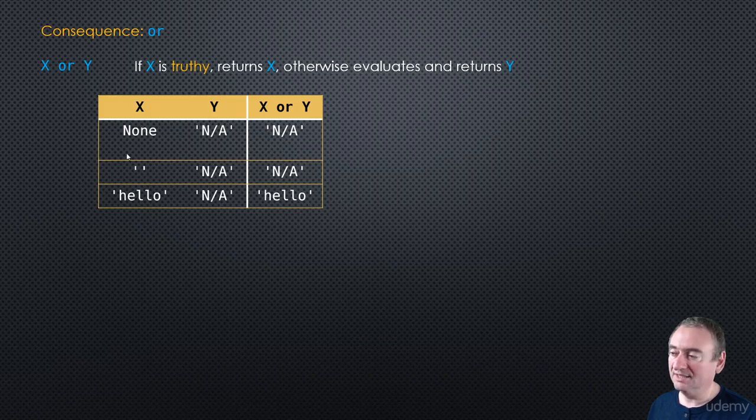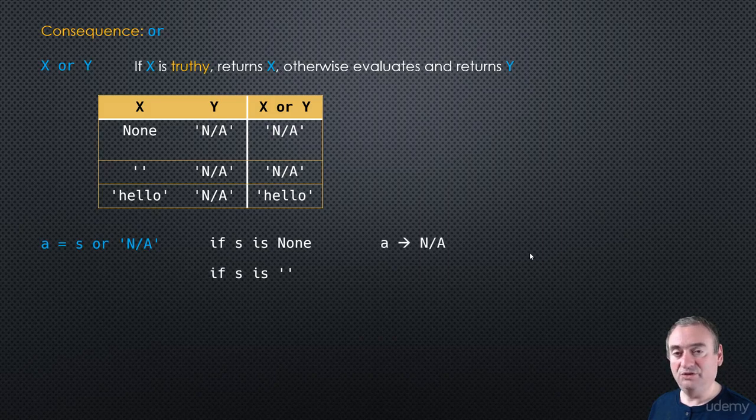So you'll notice that in both these cases, where we had a variable that was none or an empty string, we returned NA. And in the case where our variable was a string with characters, we returned the string itself. So if we write something like this, a equals s or NA, then if s is none, we return NA.